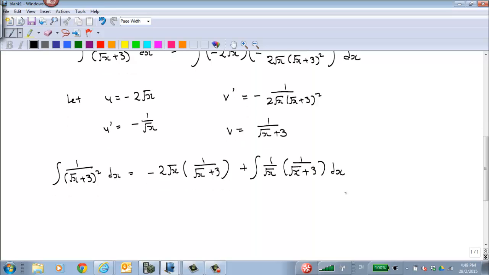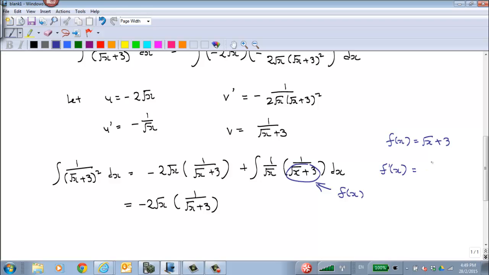Okay, and how do we settle the extra integral that comes out from here is that one should observe that this particular thing, if you see it as f of x, then if f of x is equal to square root x plus 3, f prime of x is equal to 1 over 2 square root x, which is appearing here.